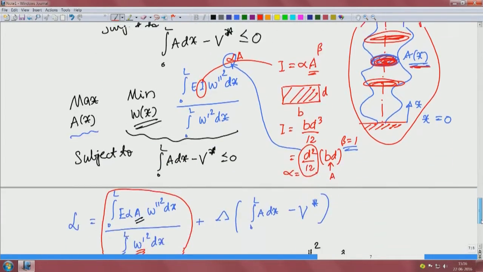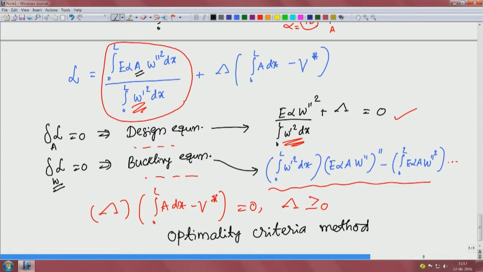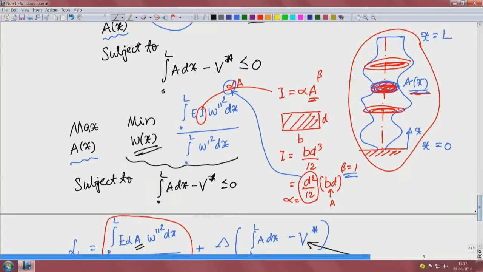That is what we can do when we solve this problem using what we call the optimality criteria method. With the optimality criteria method, we can get the solution for this optimal column, or strongest column, for a given amount of material V star. That is how this works. Remember that we have here a max min problem.